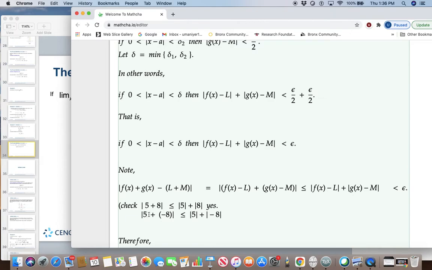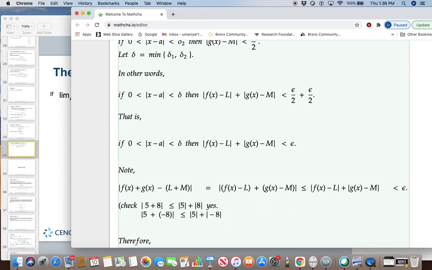Well, 5 plus negative 8 inside the absolute value is negative 3, so the absolute value is 3. And the right hand side gives me positive 13. That's why you have less or equal. You want to consider the possibility of negative numbers inside. So you're not guaranteed the absolute value of a sum to be equal to the sum of absolute values. It's actually less than or equal. Okay, so that's the result I'm using here.